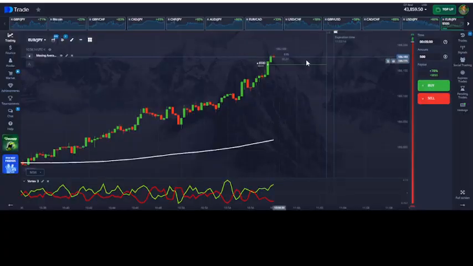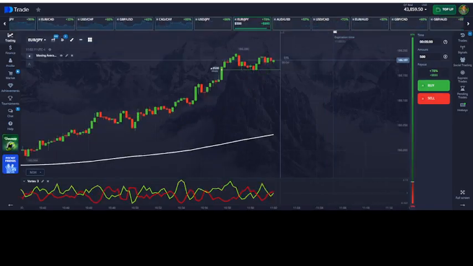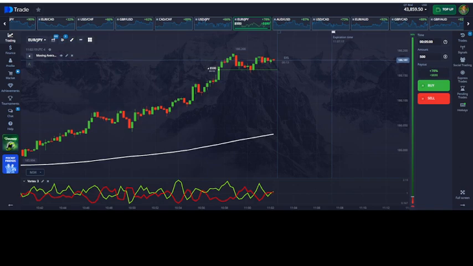So what I'm going to do is I'm going to pause the video and wait till about 30 seconds left in the trade, come back and check the results. Okay, so we're about to see the results of the Euro JPY trade here that the trade command quant engine recommended in the signals bot.